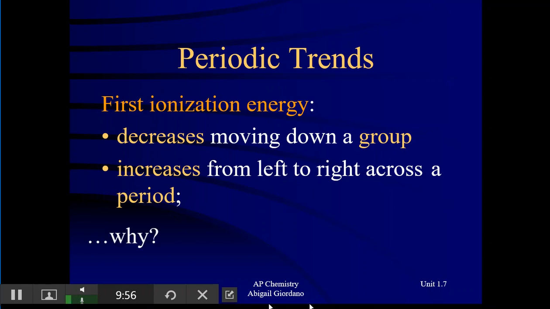Okay, and we just talked about why that is. So you guys tell me, think about it. What element must have the lowest ionization energy value, the element for which it is the easiest to take an electron away? It's going to be francium. The one that is the most difficult, the greatest ionization energy, it's going to be helium.